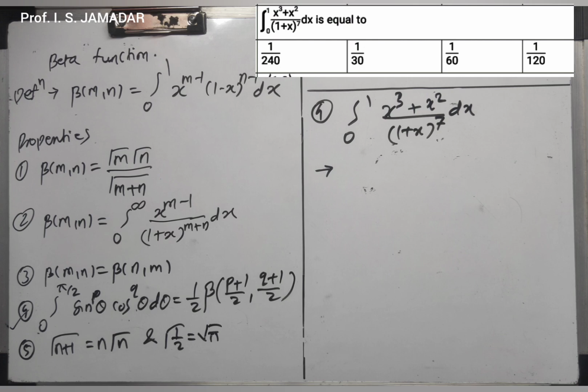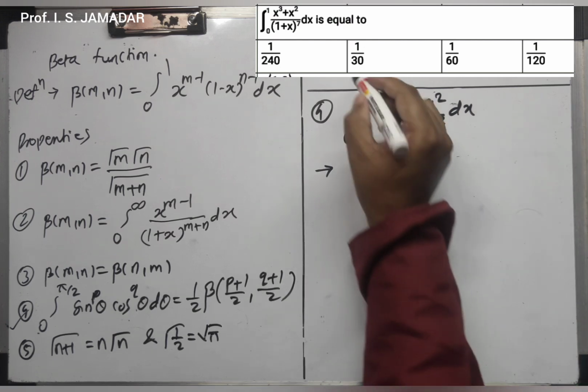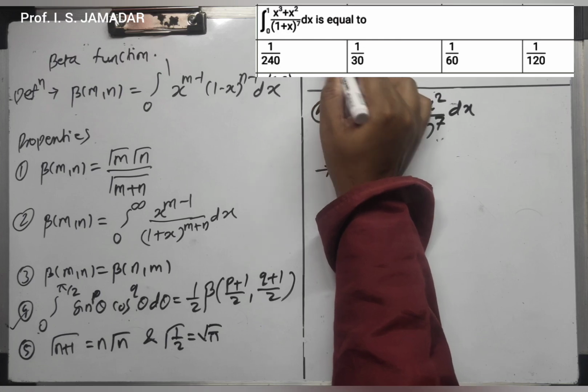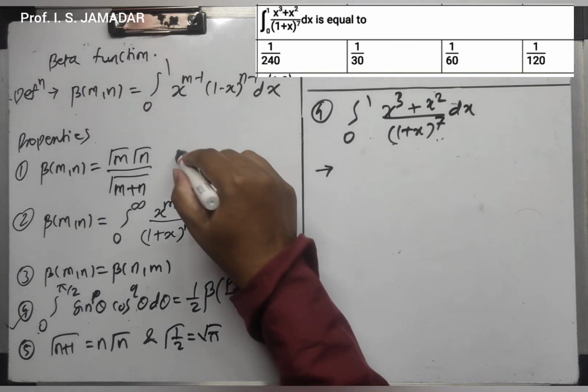Okay, let us mention one property for this. By that property you will get the answer directly. We have the property, let us write here property number 6.